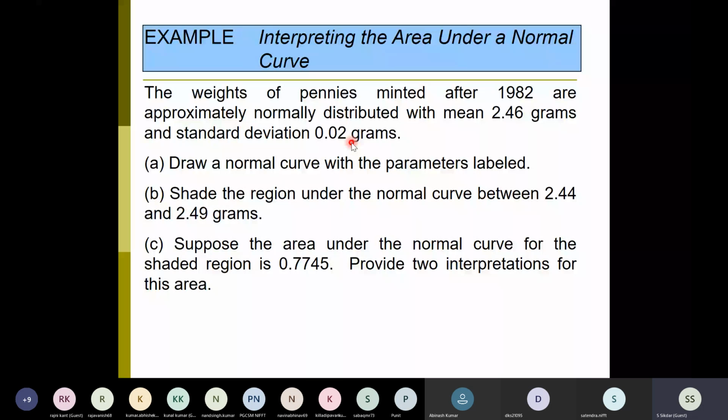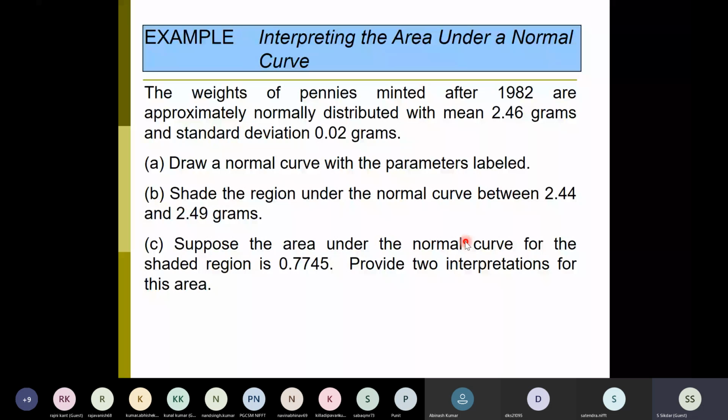That's why the mean is 2.46, but the standard deviation is 0.02. Now set the region under the normal curve between 2.44 and 2.49. That means you have to set two lines and find the region under the normal curve.